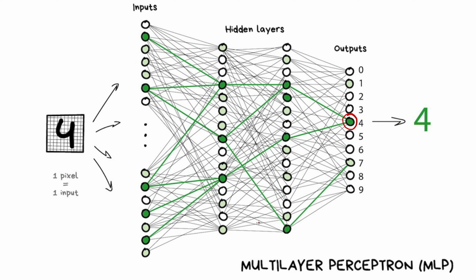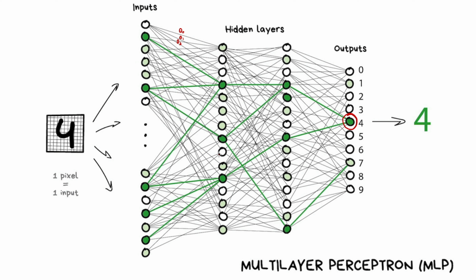Now we will be showing our network a drawing of the same digit 4 and tell this neural network to adapt its weights. As I mentioned earlier, each connection is associated with a weight, and we have lots and lots of weights in this neural network.